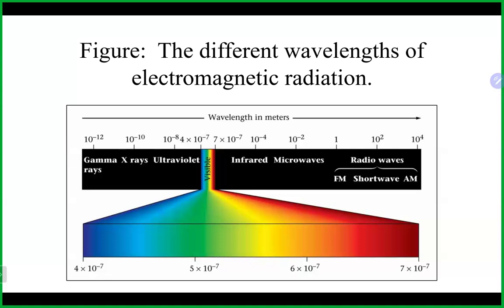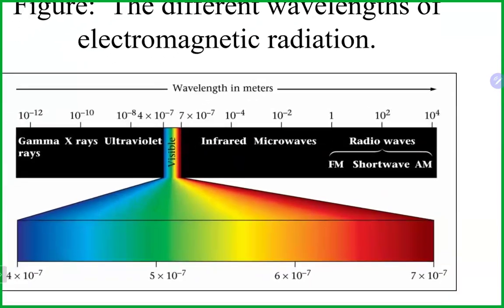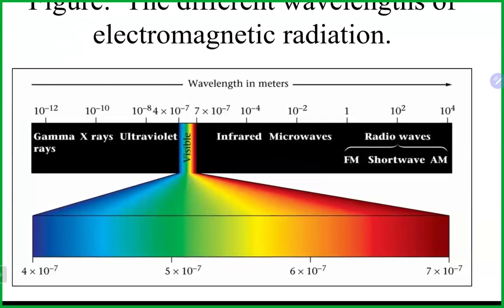As we talked about before, the relationship between wavelength and energy is: the larger the wavelength, the smaller the energy. Over here, this is a wavelength of 10 to the 4 meters versus over here, which is 10 to the minus 12 meters. Over here on the left-hand side, that is a very small wavelength, which means in terms of energy, it should be a higher energy.